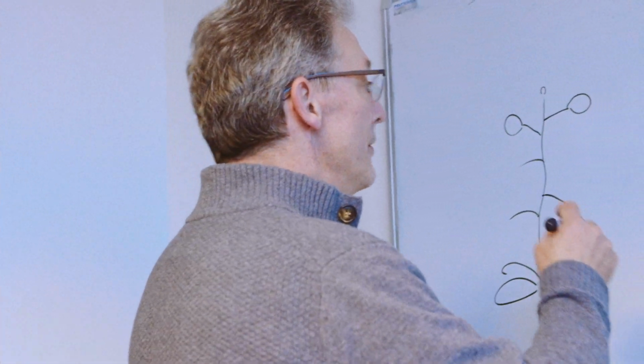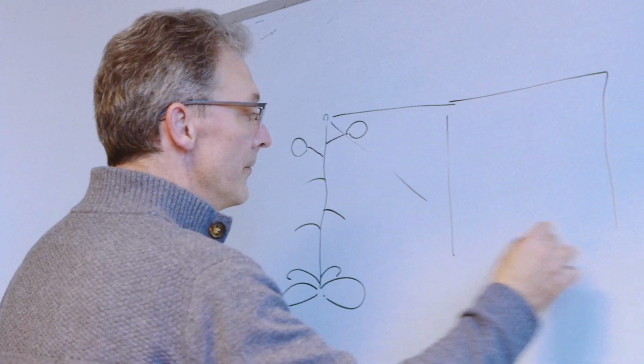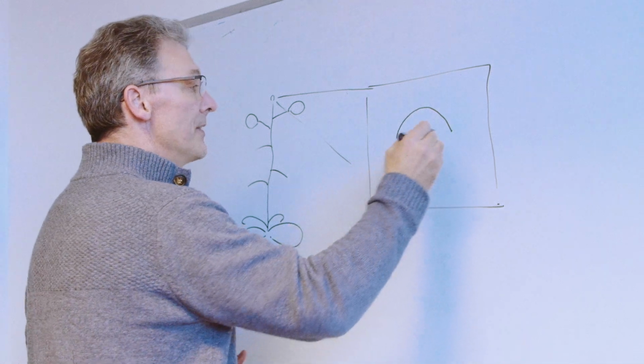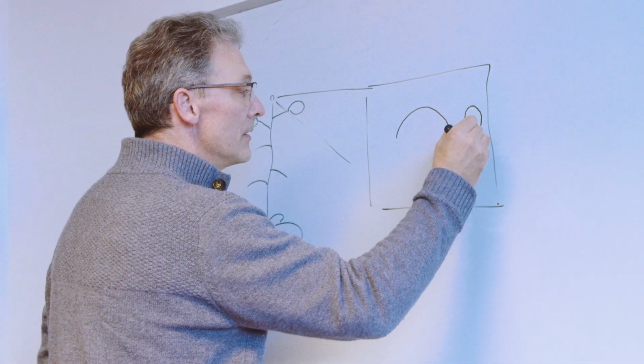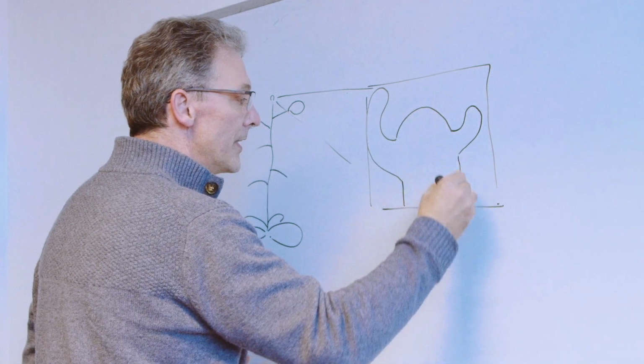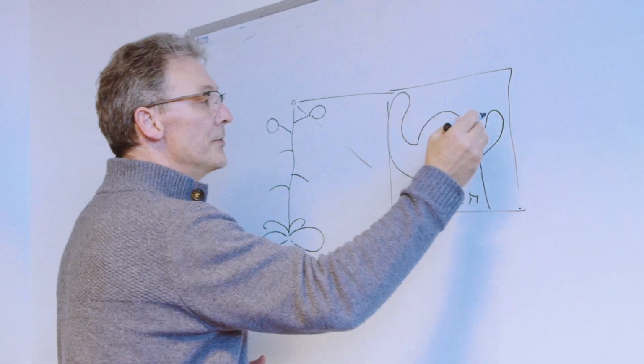So if you look at this in a more detailed manner, if you make a close-up on this, what you observe is a small dome, like this, that is producing lateral organs, and this is the stem, and these are the young organs.